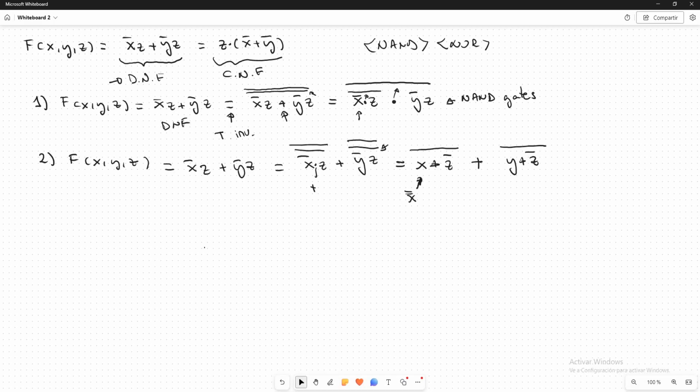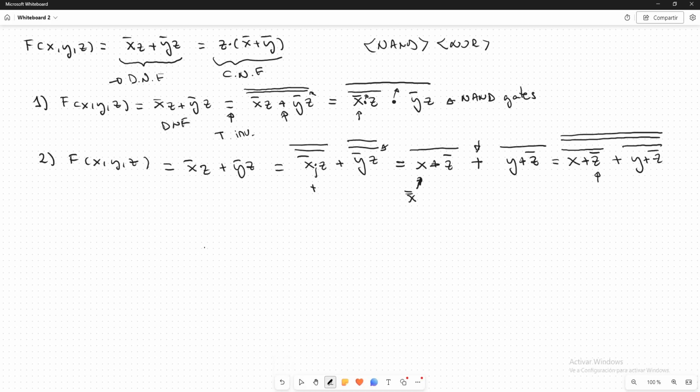So once we have this, we still need this logic sum to be negated, so we are going to negate again the whole expression. If we negate twice the whole expression, it remains the same. And now everything is expressed in terms of NOR gates.